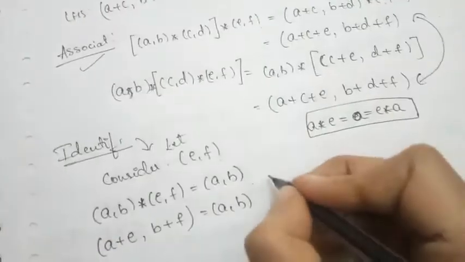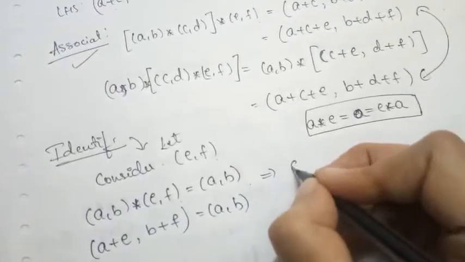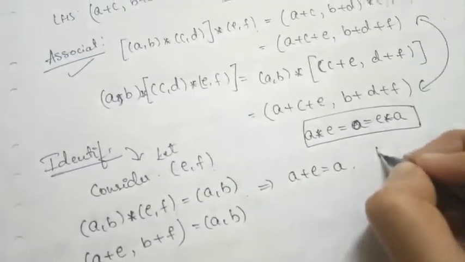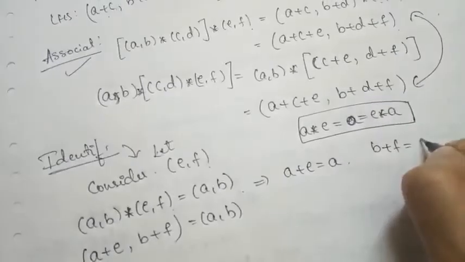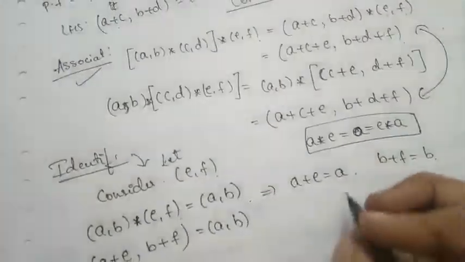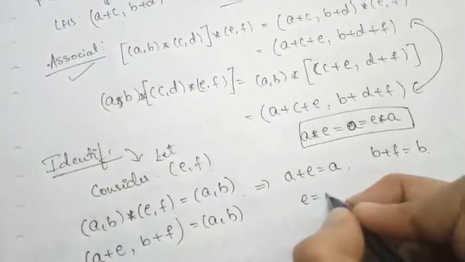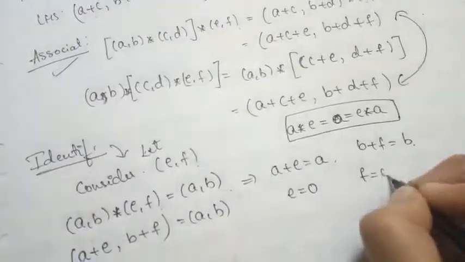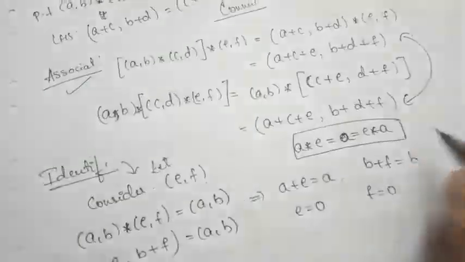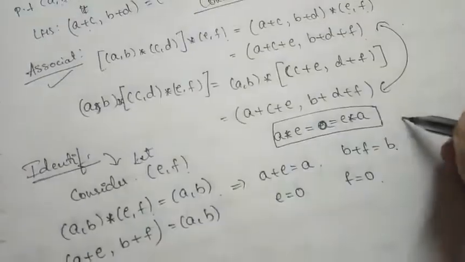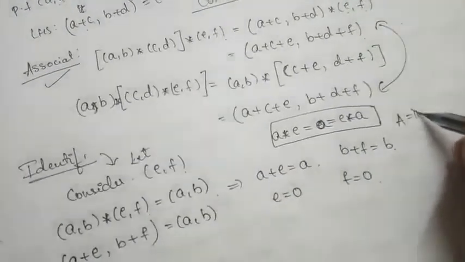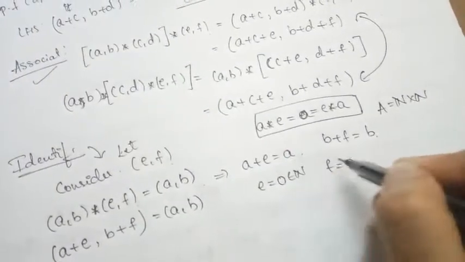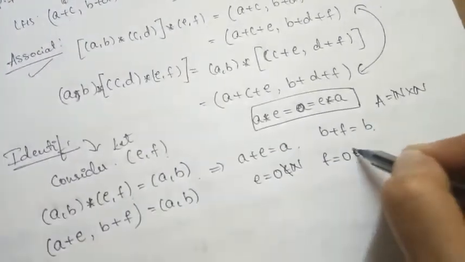Now comparing LHS and RHS, what does that imply? A plus E should be equal to A, and B plus F should be equal to B. So what does this imply? The value of E is equal to 0 and the value of F is also equal to 0. But here the function is defined upon the set of natural numbers, where 0 does not belong to the set of natural numbers.